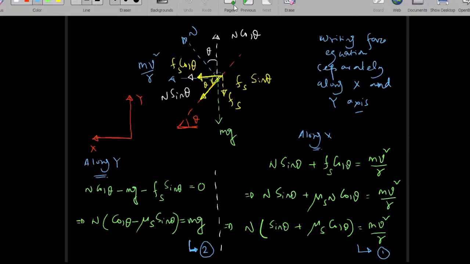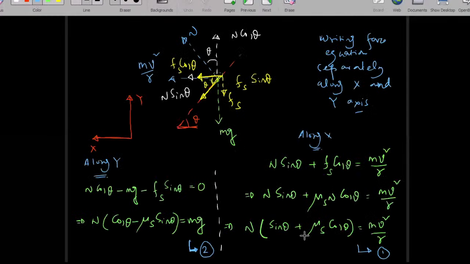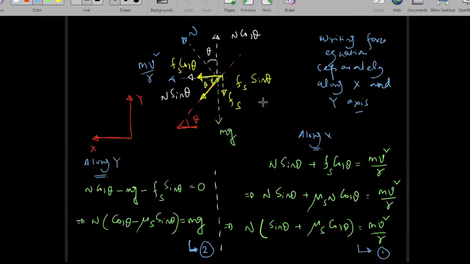Now, if I just do 1 by 2, you see n will be cancelled. So if I just do 1 divided by 2, what we are getting? See, sin theta plus mu cos theta by cos theta minus mu sin theta. Sin theta plus mu s cos theta divided by cos theta minus mu s sin theta is equal to, n will be cancelled, v square by rg.